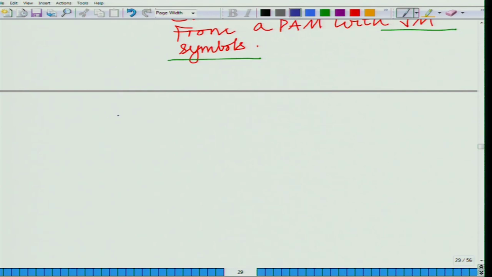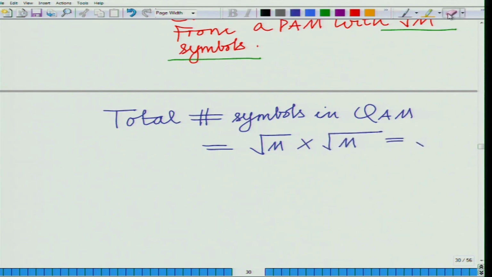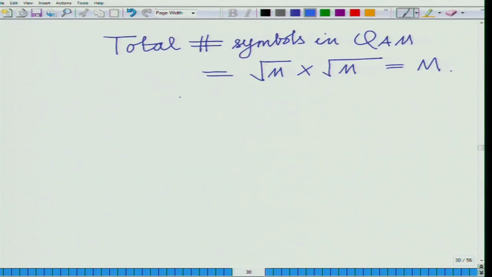Therefore, the total number of symbols in QAM is equal to square root of M into square root of M, which is simply equal to M. Now, similar to what we have described about PAM, except now we are using square root of M-ary PAM, not M-ary PAM.